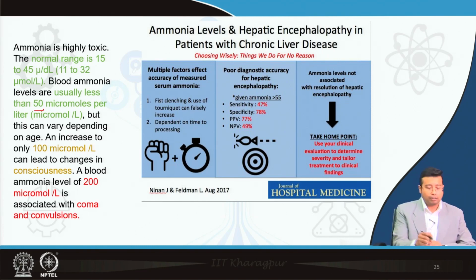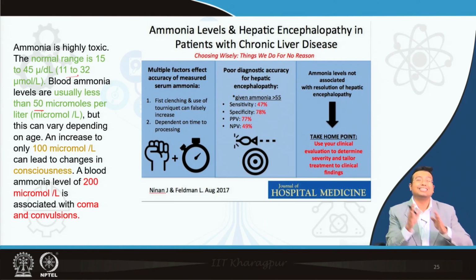Now, considering the level of ammonia in blood, it is actually very low, less than 50 micromole per liter, the standard being 11 to 30 or 15 to 45. Depending on labs, the unit of representation may be different.